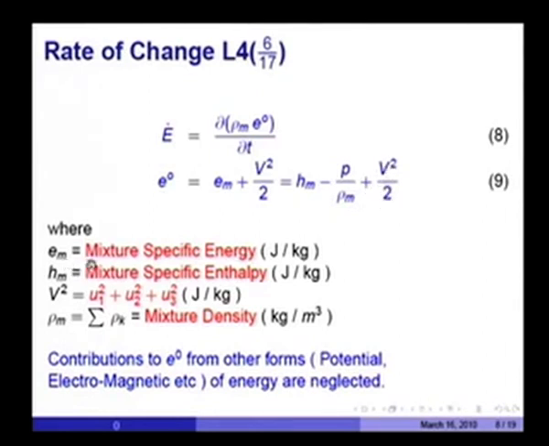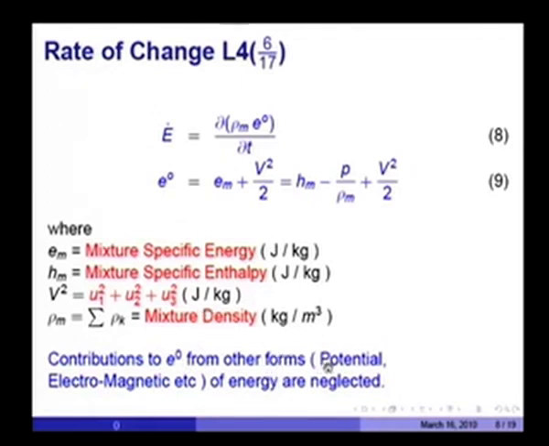So, E m is mixture specific energy, H m is mixture specific enthalpy, V squared is the kinetic energy, sum of U1 squared, U2 squared and U3 squared, and rho m, as we saw before, is sigma rho k, the mixture density.